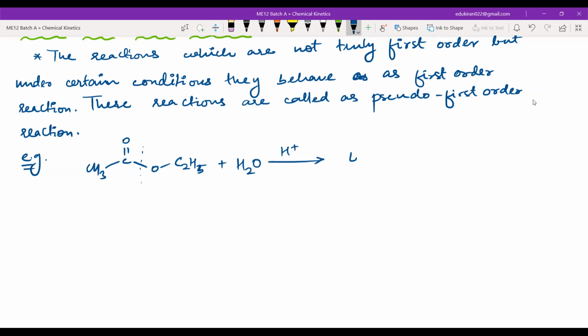So you will get CH3, C double bond O, OH plus C2H5OH. Okay, so this is ester, this is water, and this is your acid, the carboxylic acid. This is alcohol.